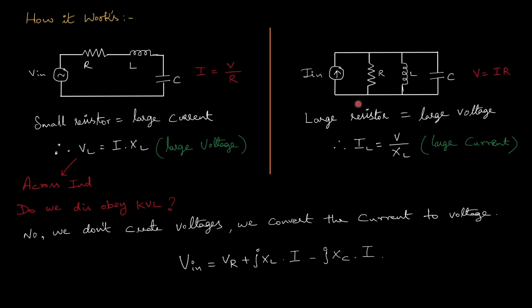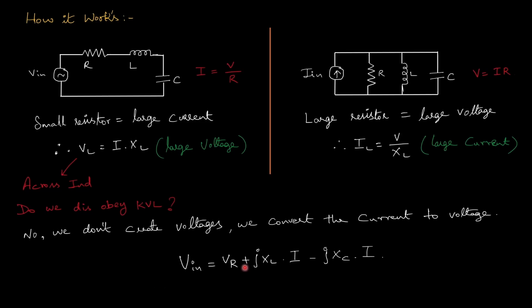Similarly, for the current magnifier circuit, V is equal to I times R. So here the large resistor gives us a large voltage and the inductor converts this large voltage into a large current. At this point, we may wonder, if my source is only 1 volt, how can I get 10 volts across the inductor? Are we violating the Kirchhoff voltage law? The answer is no. At resonance, this is the formula that is given by KVL.